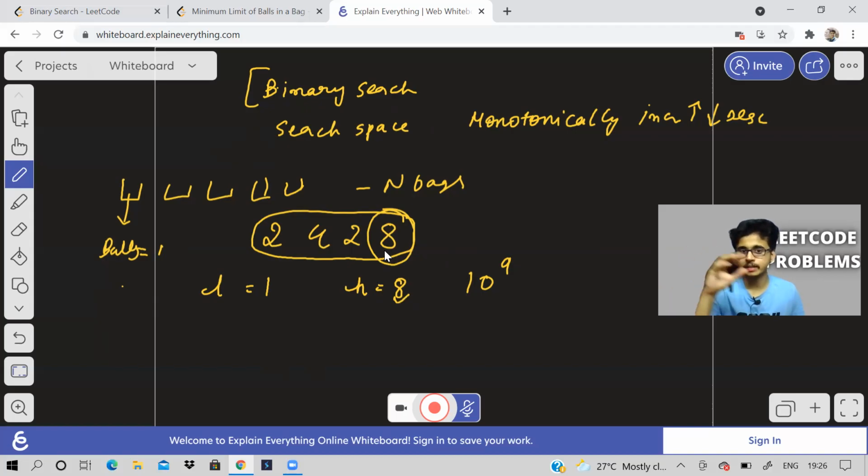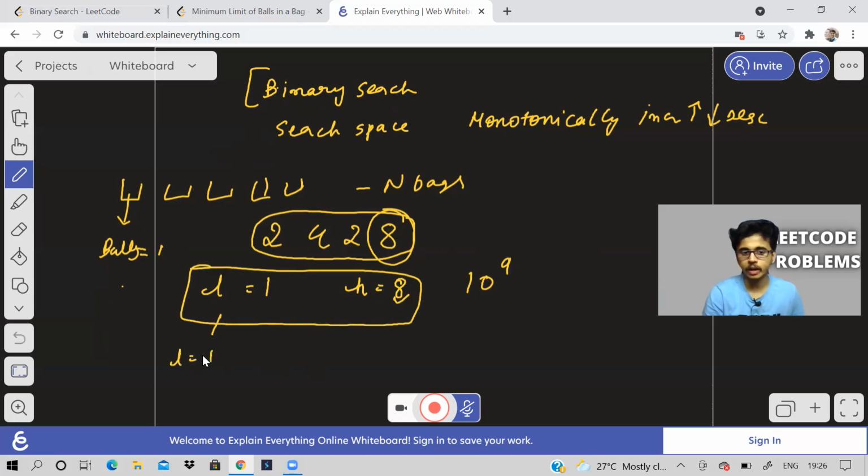Your search space higher limit value can't exceed that, right? So we have found our search space. What is our search space? L will be equal to 1 and H will be equal to the max element of the number of balls in the bags.